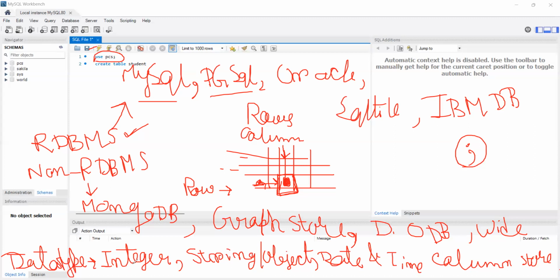Now, this is a very common sensitive question, you can say. Okay. The thing is, can anyone say real-time database? Real-time database. Because everyone knows DBMS or RDBMS or SQL.